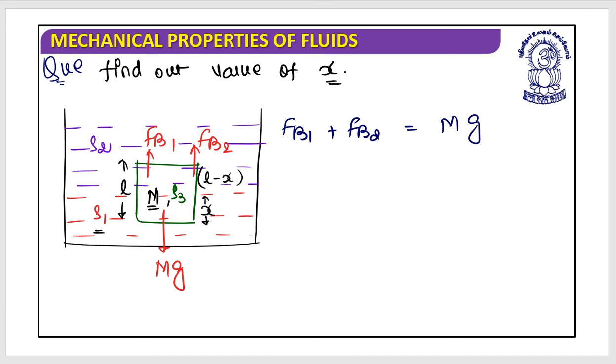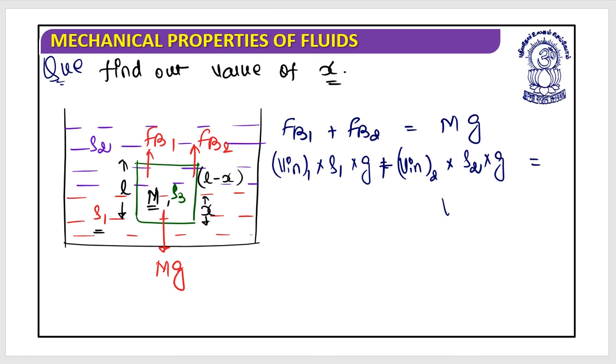When I say Fb1, it is V inside 1 multiplied by density of liquid 1 multiplied by g, plus Fb2, which is V inside 2 multiplied by density of liquid 2 multiplied by g. This is equal to m into g, which is V total multiplied by density of the solid, density 3, into g.